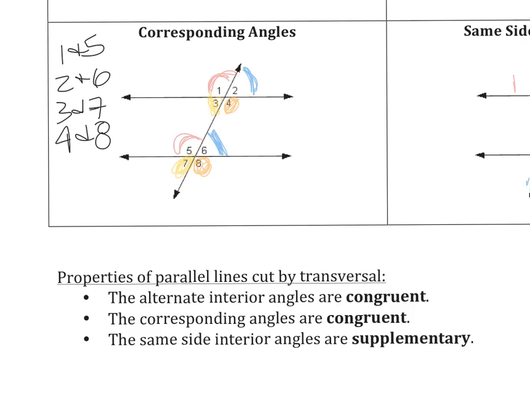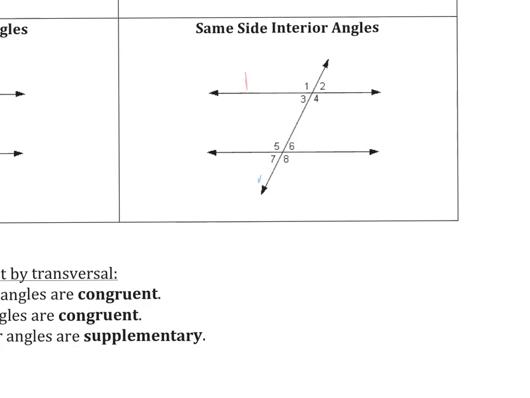Okay, and then in the same side interior angles, this last section here, when we're looking at same side interior, I'm talking about the following. Because we're on the interior of the parallel lines, it must be in this section. And same side, meaning that it's on the same side of the transversal. So the first example I have is 3 with 5.